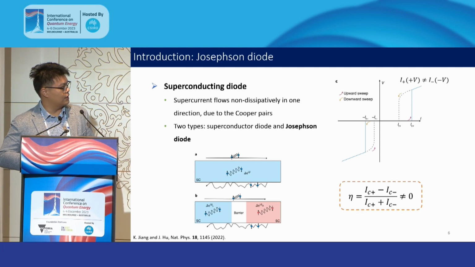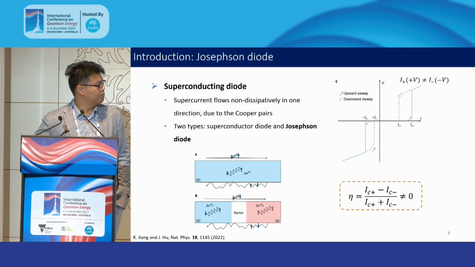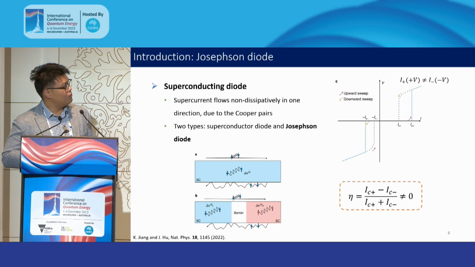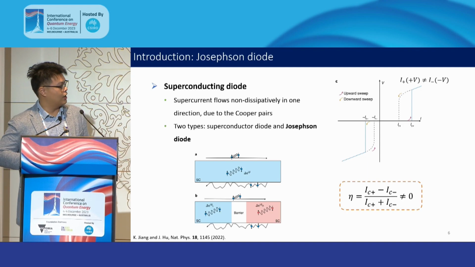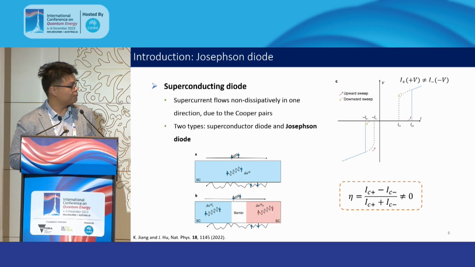We also can see there is a Josephson diode in this system. So the current and voltage curve is something like this, and we can define the critical current of these systems. The negative one does not match the positive one, so the eta here, the diode efficiency, is non-zero.